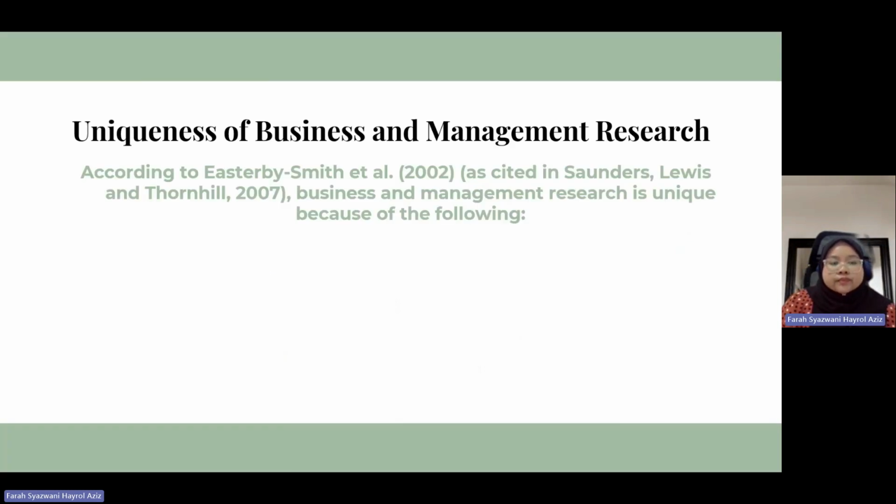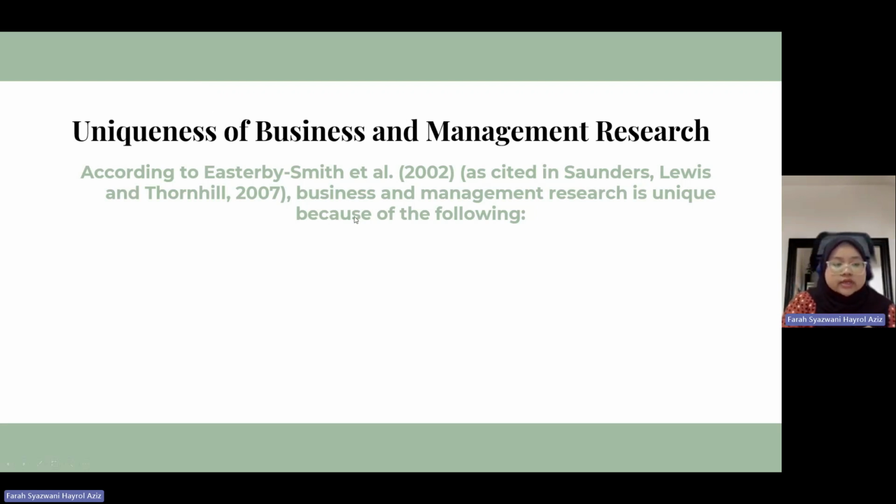We must also understand some of the uniqueness of business and management research. According to Easterby-Smith et al., as cited in Saunders, Lewis, and Thornhill, business and management research is unique for three reasons.